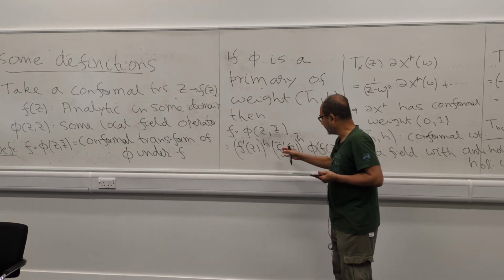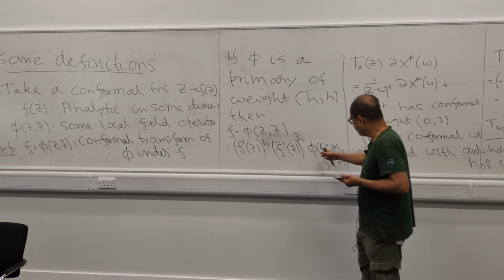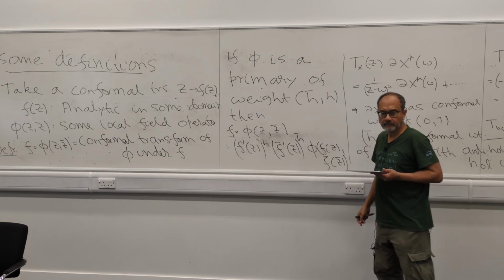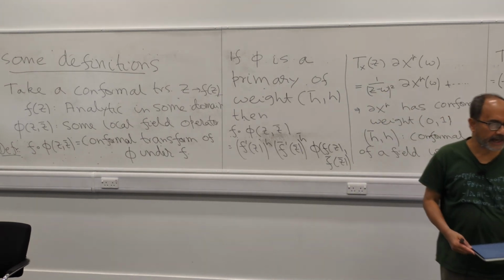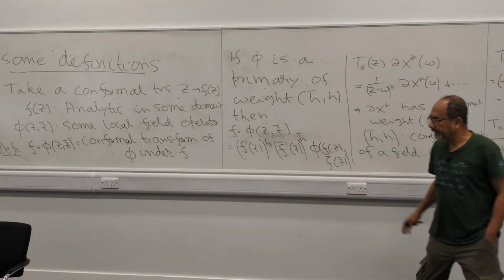It just picks up factors of f prime of z to the power h, f bar prime of z bar to the power h bar, and it's evaluated at the new points f of z, f bar of z bar. I'm thinking of this as an active transformation on the fields. Is this clear?